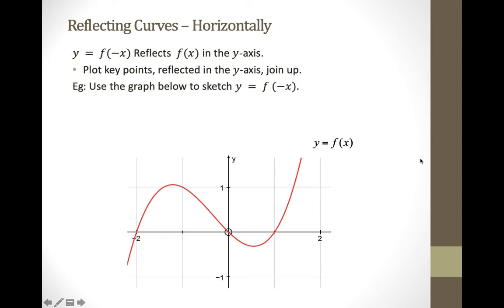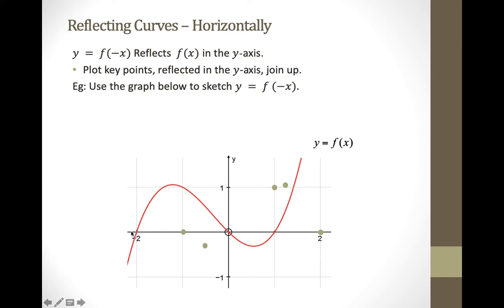So for example, if we take the red graph and we wish to reflect it through the y-axis, one way to do that is to use the graph and take key points again and shift them over. The key points will still be those maximum and minimums, and anything on the y-axis, anything on the x-axis, but also points we can read off the graph. So I'll show you what I mean.